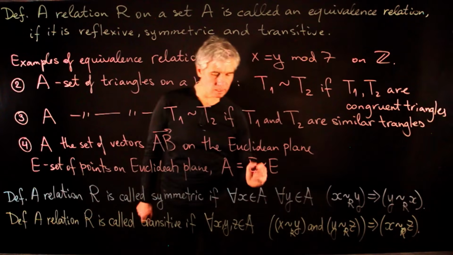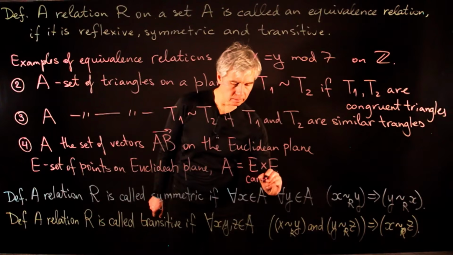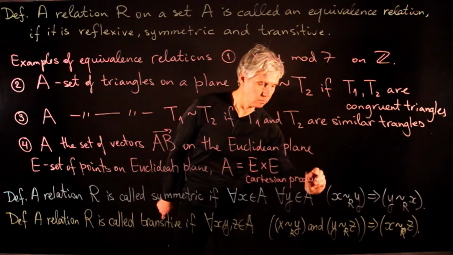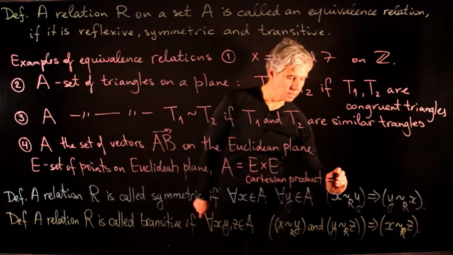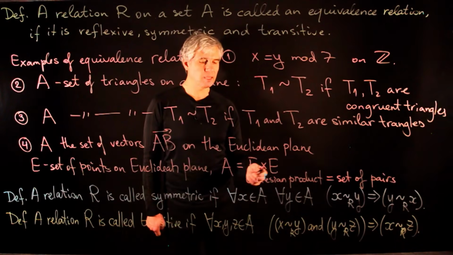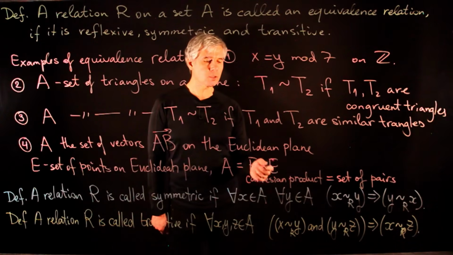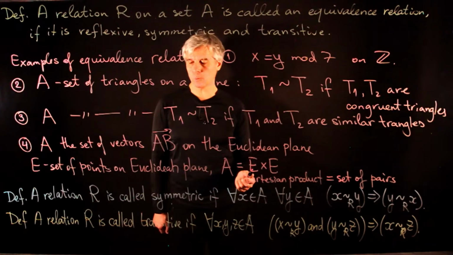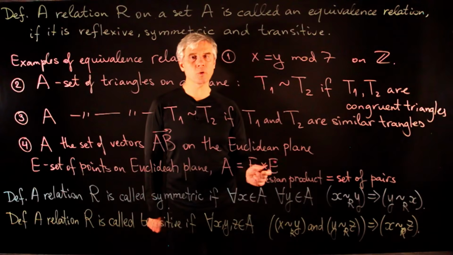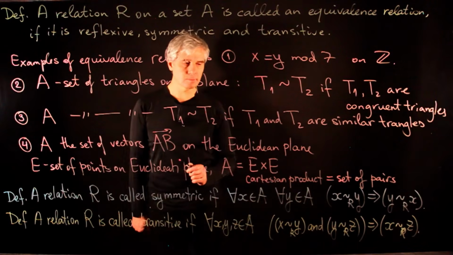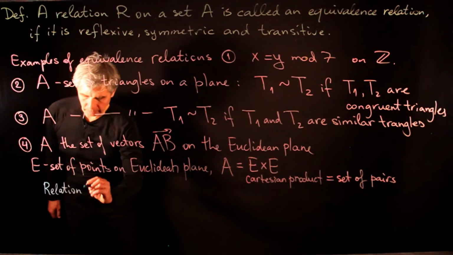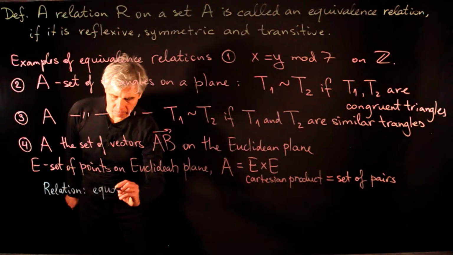The cross here is a notation for Cartesian product, which is the set of pairs. Elements of this set are ordered pairs of points. The first point, A, is the starting point of a vector, and the second point, B, is interpreted as the end point of a vector. As a relation, we take equality of vectors.